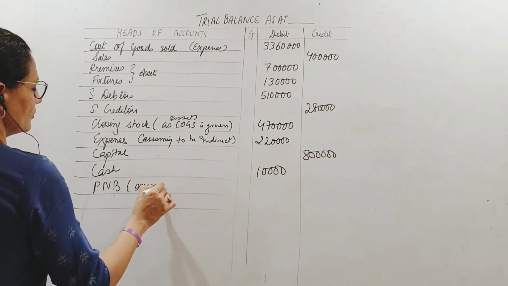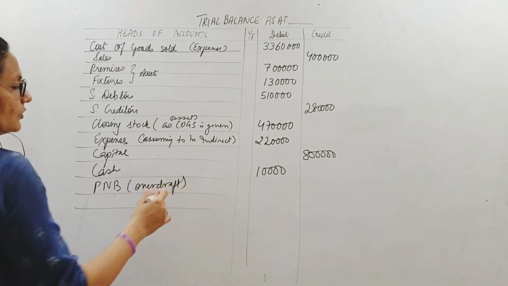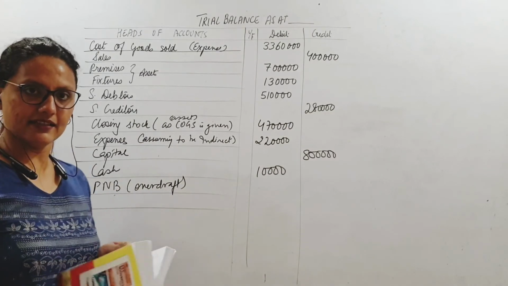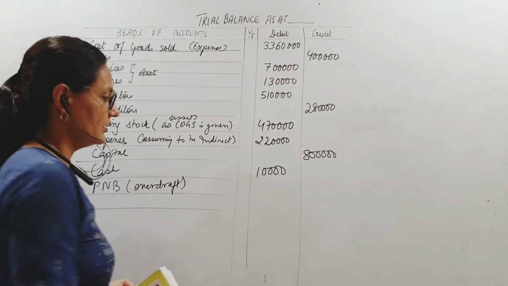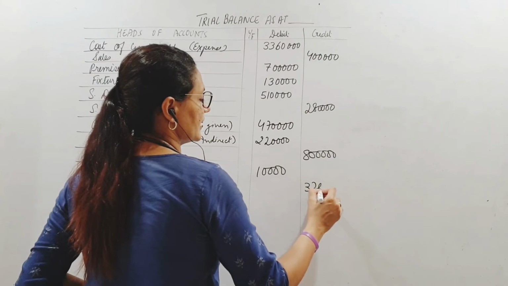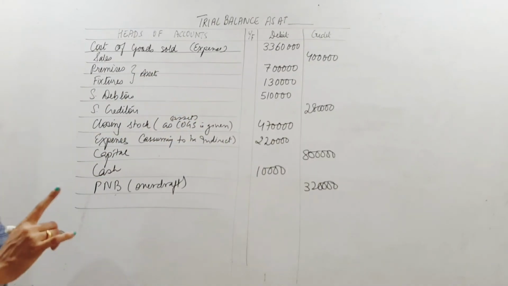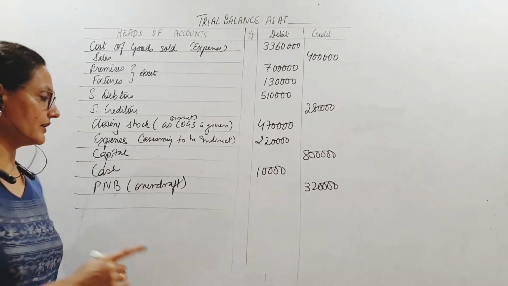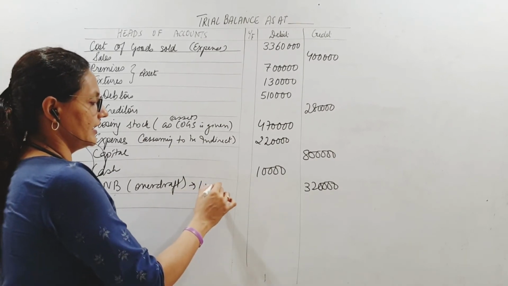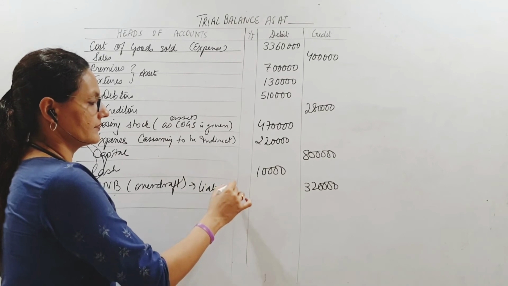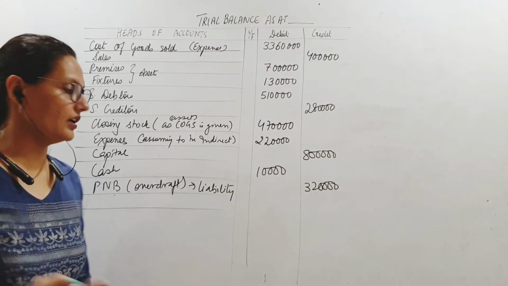Even if you did not know, it's an overdraft. Overdraft meaning a liability. Yes, we have taken out more than we have deposited. So that should be on the credit side, because this is a liability. We need to repay that to the bank.